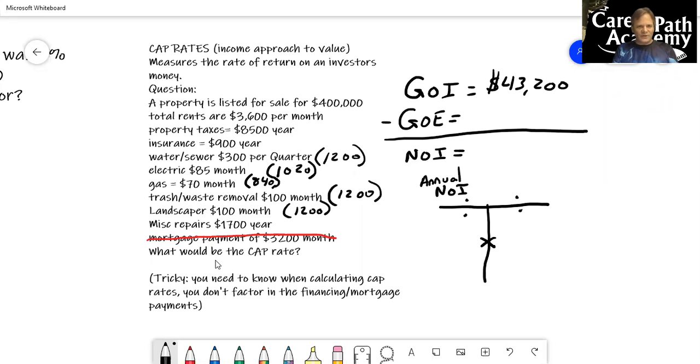Then plus the 900, plus the 1,200 for the water sewer, plus 1,020, plus 840, plus 1,200, plus 1,200, plus the $1,700 for the miscellaneous repairs. And the total expenses on this property, $16,560.